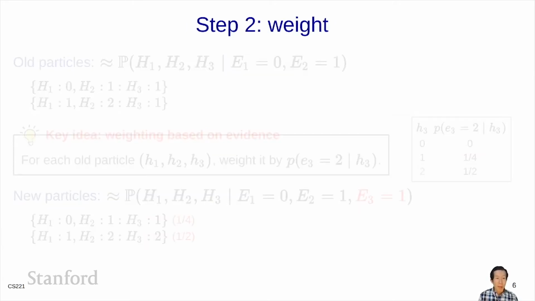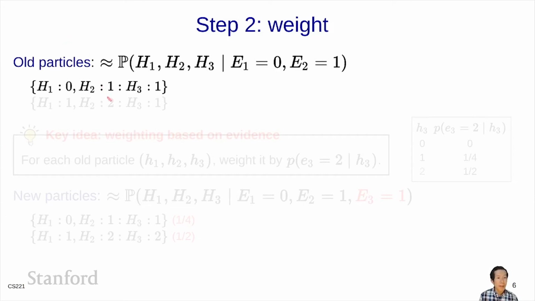So in the next step, I'm going to weight. So you should think about these particles as a guess as to what H3 is going to be. But we need to fact check this guess with evidence.